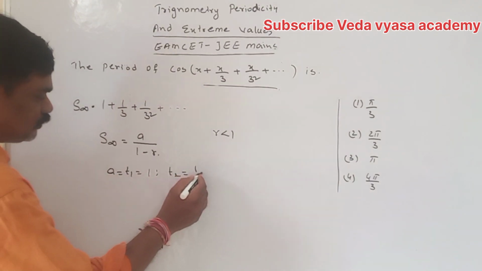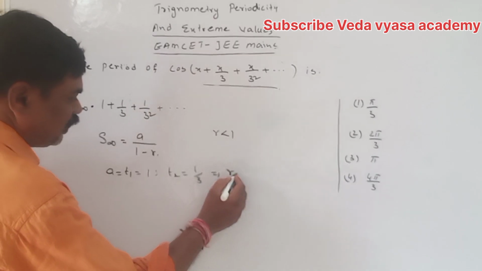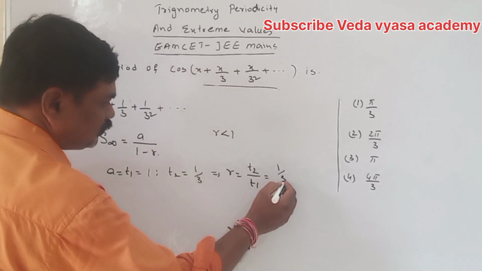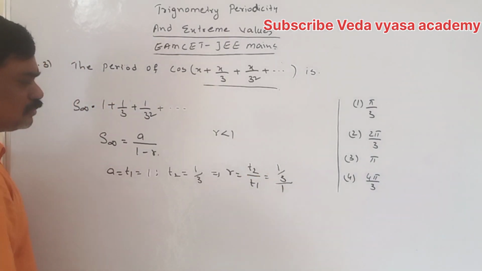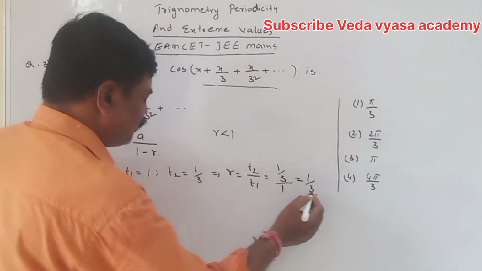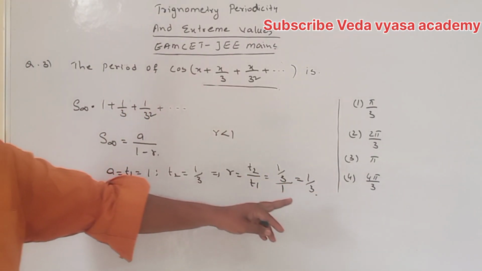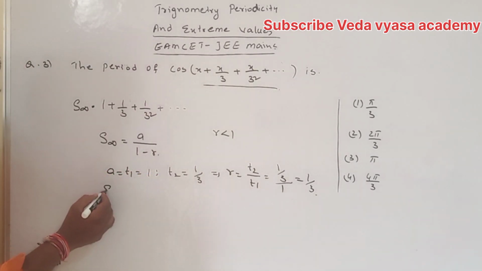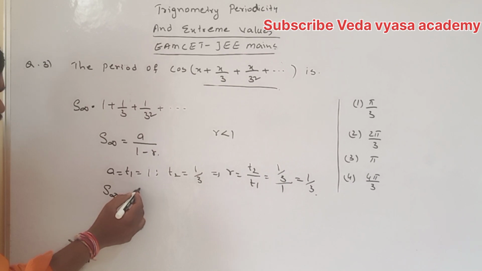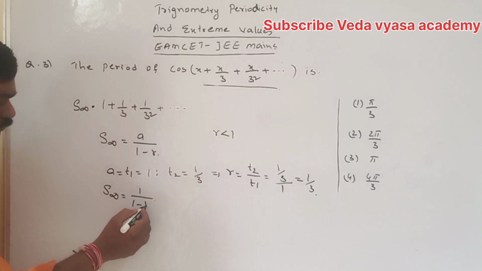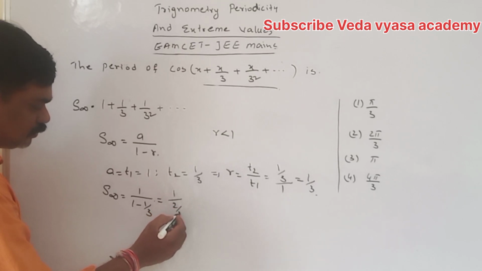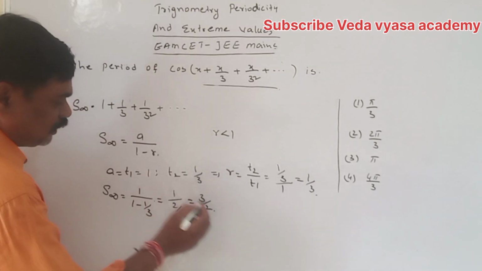T2 is equal to 1 by 3, which implies R is equal to T2 by T1 is equal to 1 by 3 by 1, so R is equal to 1 by 3. The R value is 1 by 3 and the A value is 1. So what is S infinity? S infinity is equal to A by 1 minus R, which is 1 by 1 minus 1 by 3, is equal to 1 by 2 by 3, that is 3 by 2.